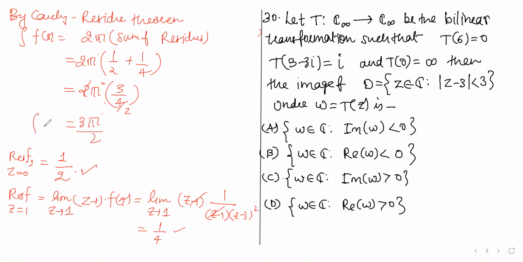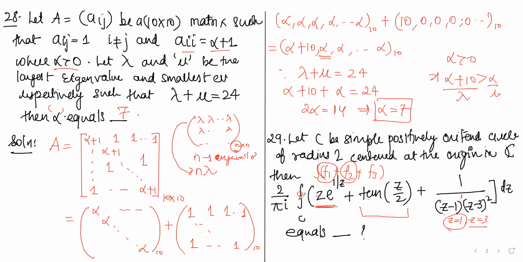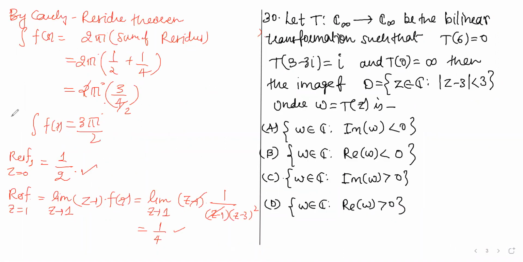But what they have asked is 2 over pi i in front. So we need to multiply this throughout by 2 by pi i. If I multiply by 2 by pi i on both sides, pi i over 2 gets cancelled and I get the answer to be 3. So the answer is 3.